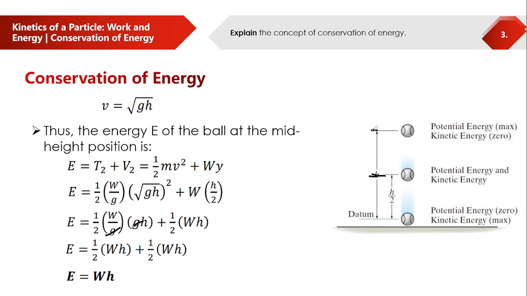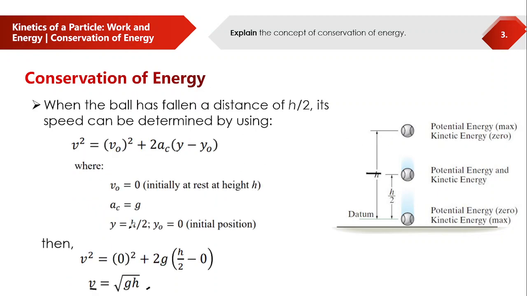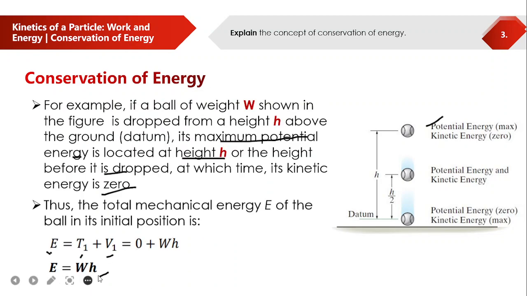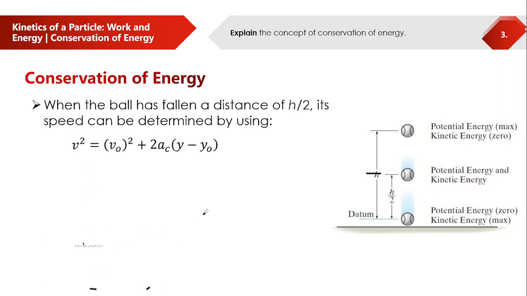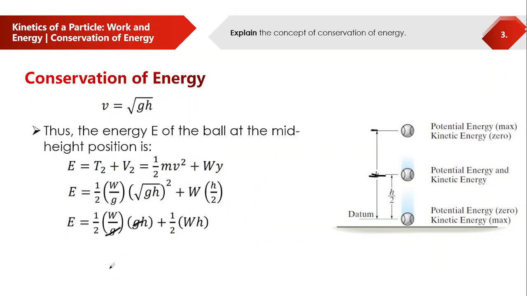Initial niya na kasi yung nasa top pa lang, or before pa ni-release yung bola natin, yung total mechanical energy is WH. Now kung nasa gitna na yung bola, same pa rin yung energy na nandun sa bola natin, which is WH. Same thing with at the top, di ba? Okay, so E is equal to WH.